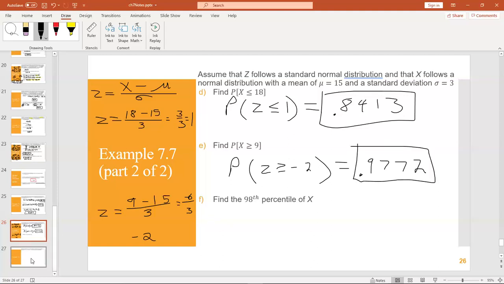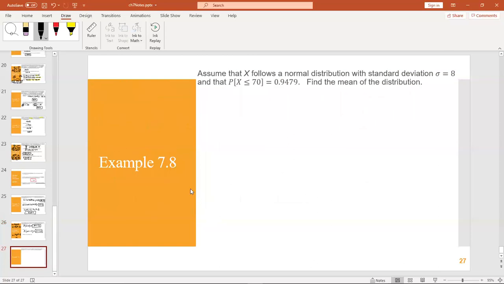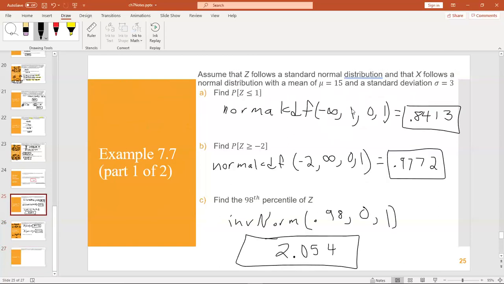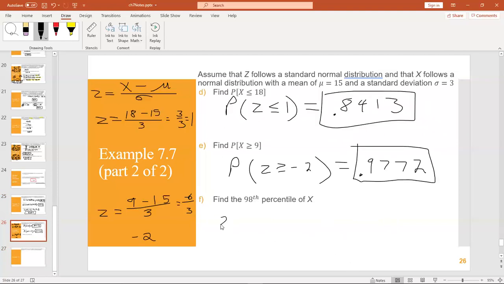And then the 98th percentile of x. Let's see. So the 98th percentile, in terms of z, it was 2.054. So that means that the z is 2.054.